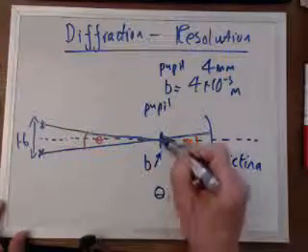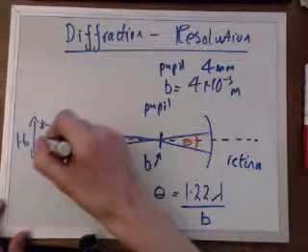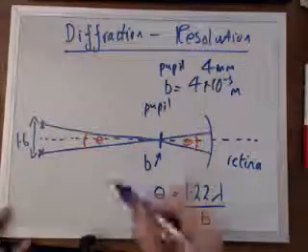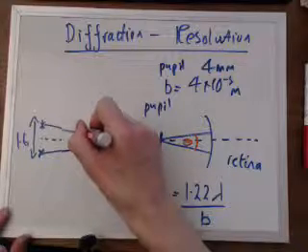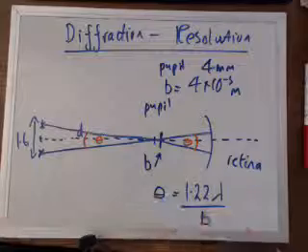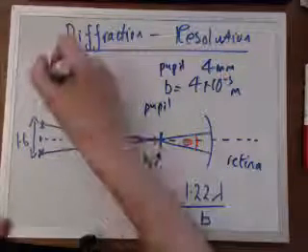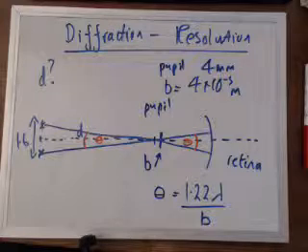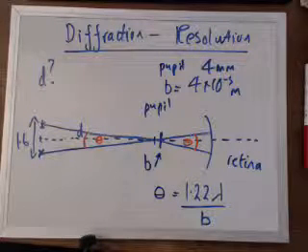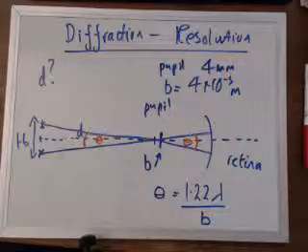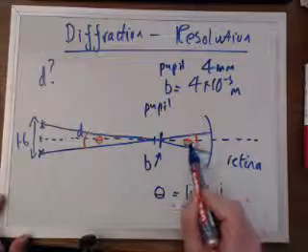And the distance between the pupil and the light source, let's call that D. So that distance between there and there is D. So we're looking for what D is. How far will it be, as the car is approaching, until the person can just make out there are two headlights?